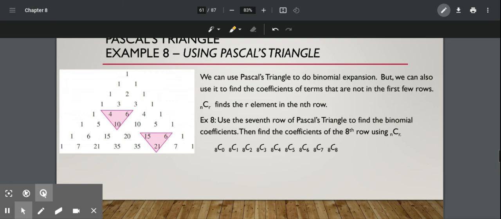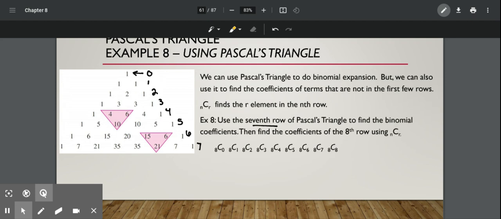So for this example, if we wanted to find the coefficients of the 8th row of Pascal's, it's technically the 7th row of Pascal's triangle, because that first row is your 0 row. So this would be 1, 2, 3, 4, 5, 6, 7. But if you count, that's kind of your 8th row.